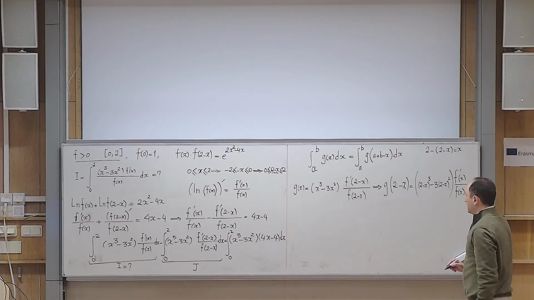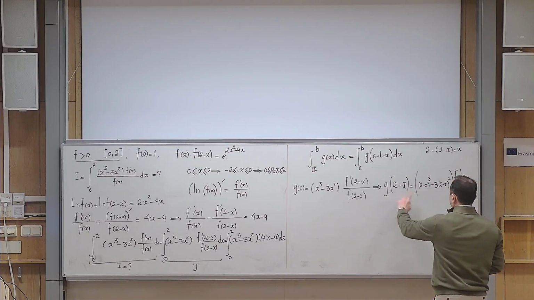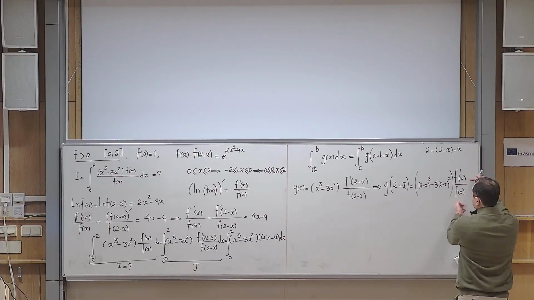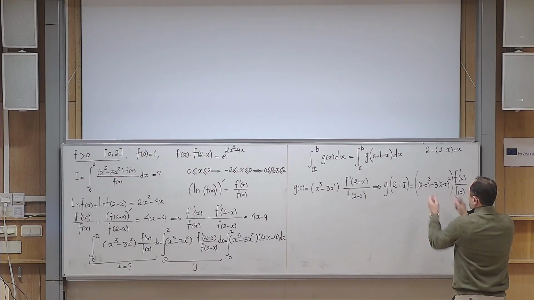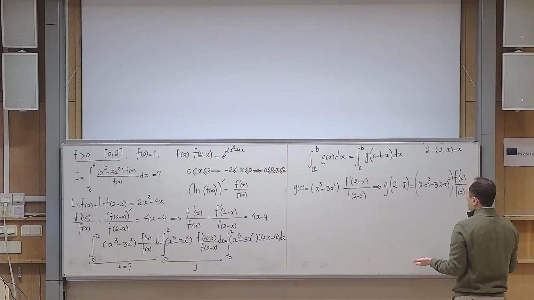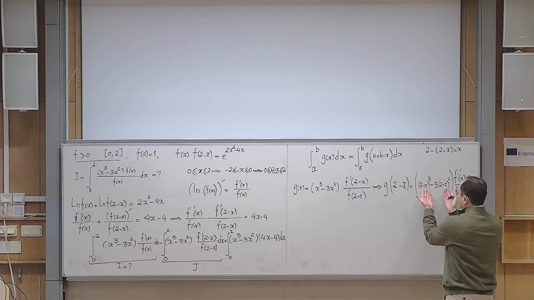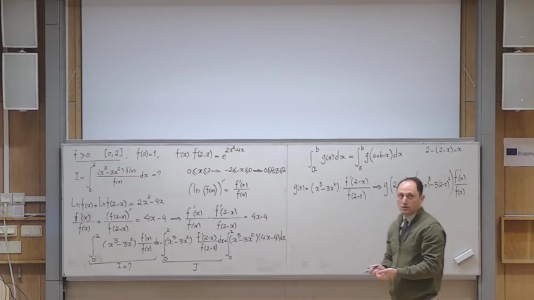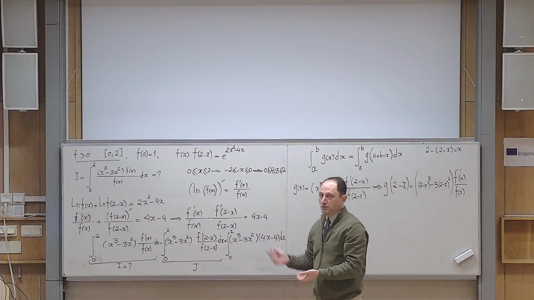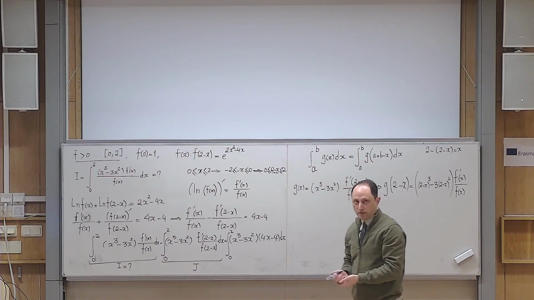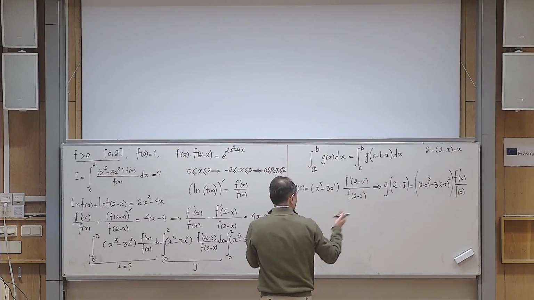So good. It means g of 2 minus x has something to do with this combination, but now my problem is here. The only thing that I can hope for is that somehow this relates itself back to the old polynomial x to the power of 3 minus 3x squared. But I think it is worth checking out.